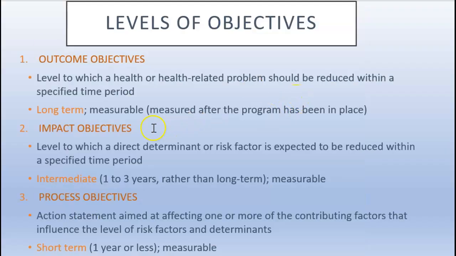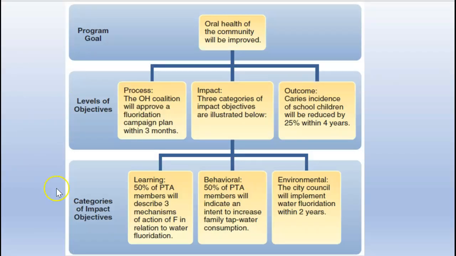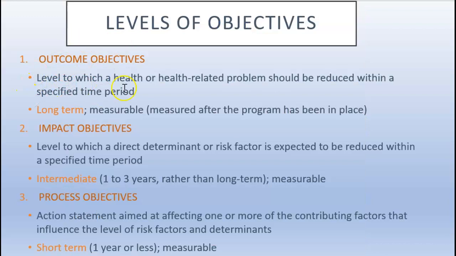Or if you go back to this slide over here, anything that is long-term, so more than 3 years, is considered outcome. So if this was a test question, look at the time frame. Is it 3 months? Is it 2 years? Is it 4 years? And then based on that, you can determine what level of objective the statement falls under.